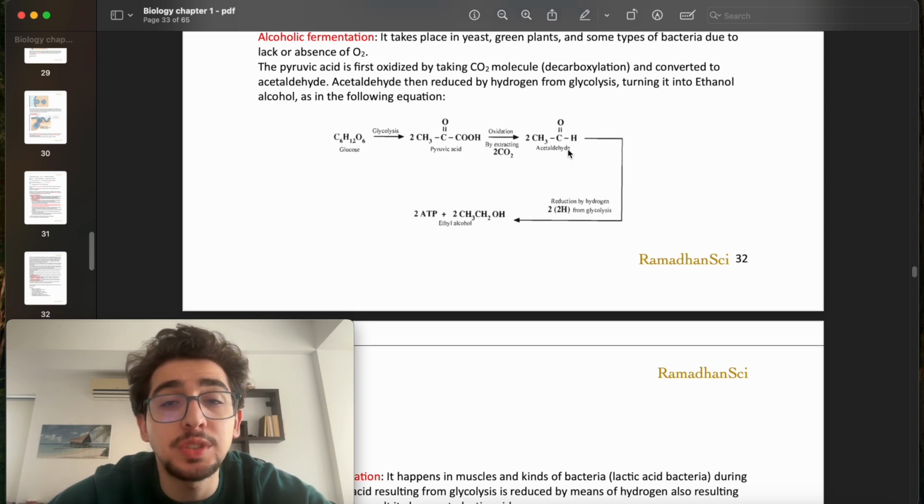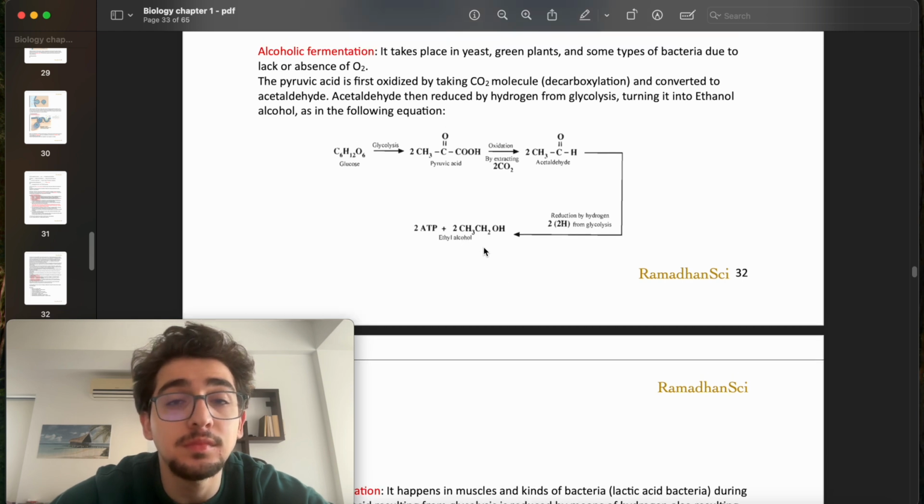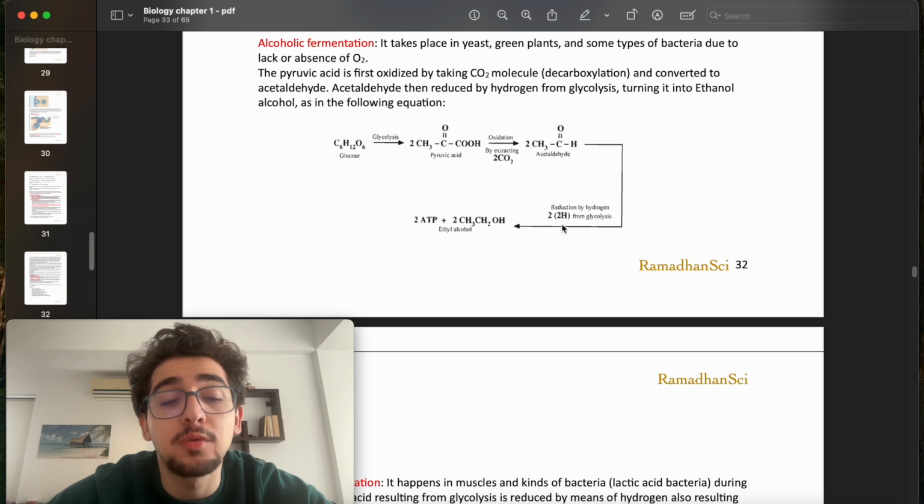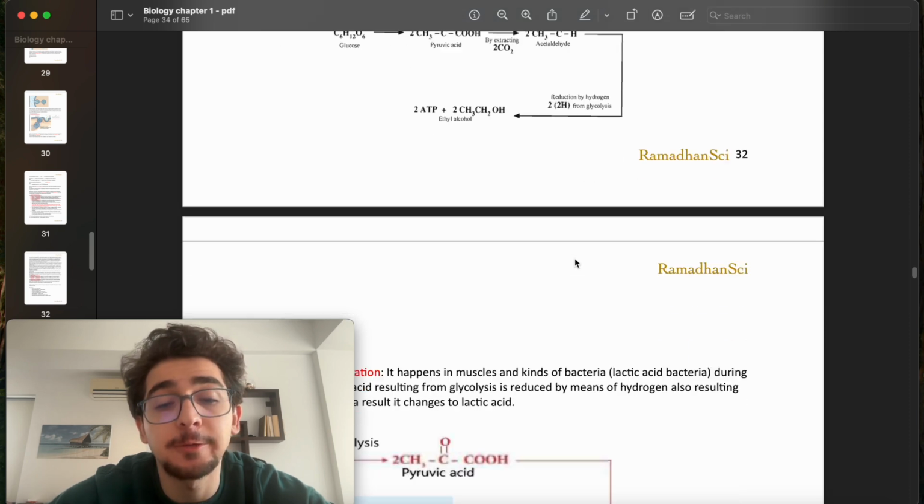Acetaldehyde will be reduced by the hydrogen formed in glycolysis, and acetaldehyde will be converted to ethanol, which is an alcohol. Remember that the hydrogen here, the reducing agent, is obtained from glycolysis, okay?